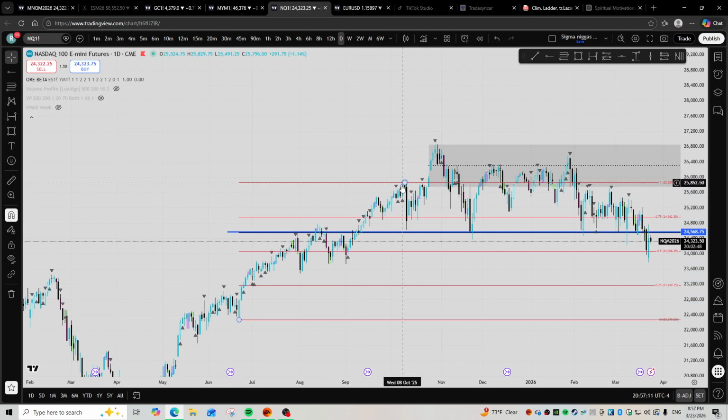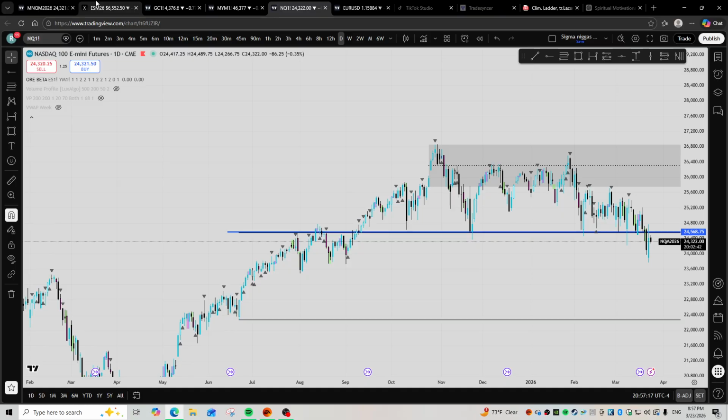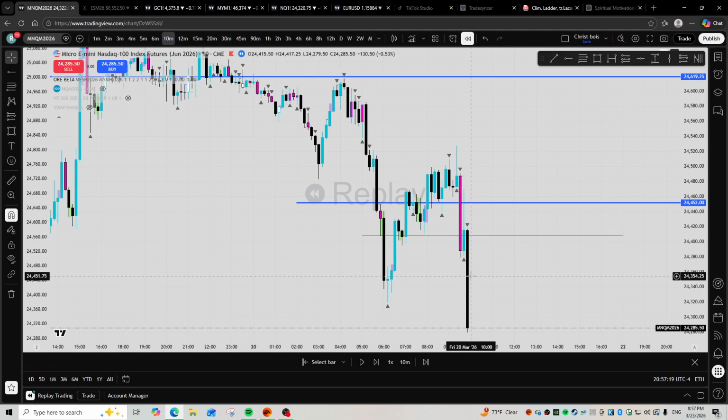But yeah, maybe the 0.25 and 0.75 also have some significance. Interesting though. Interesting.